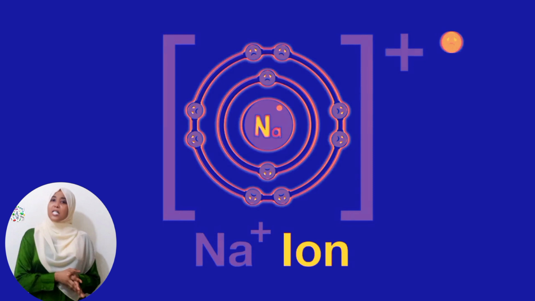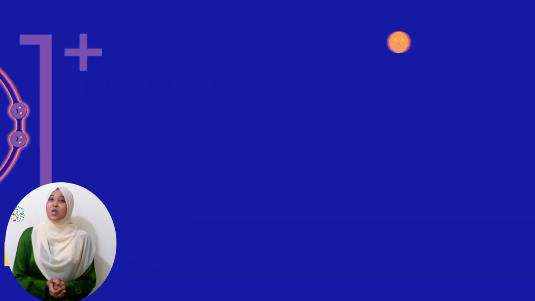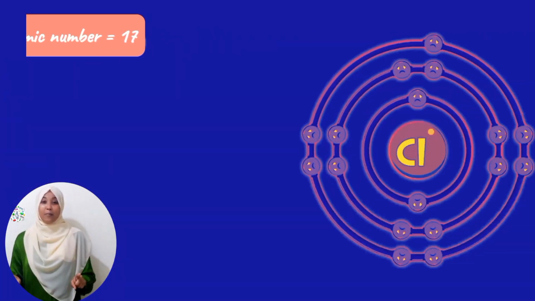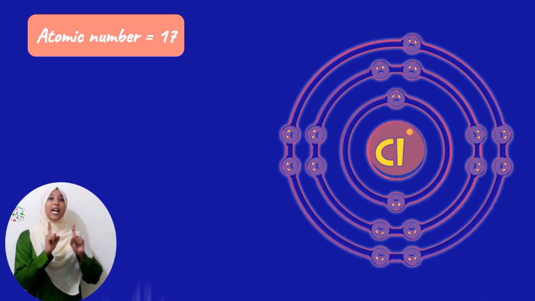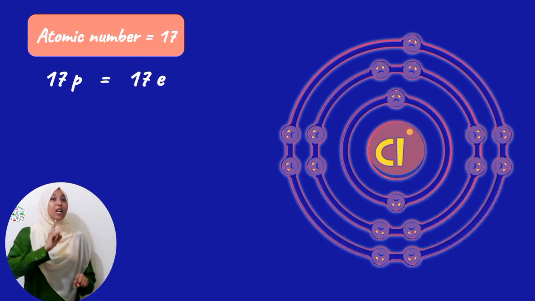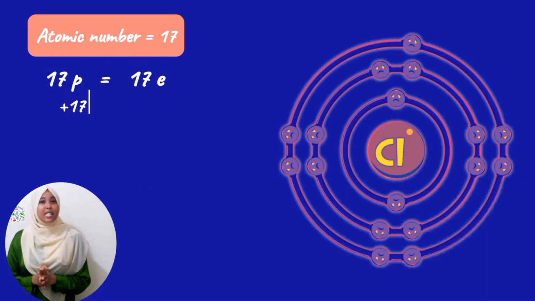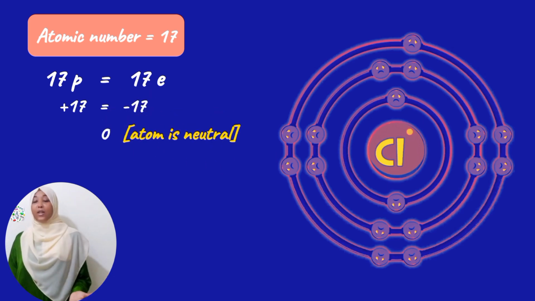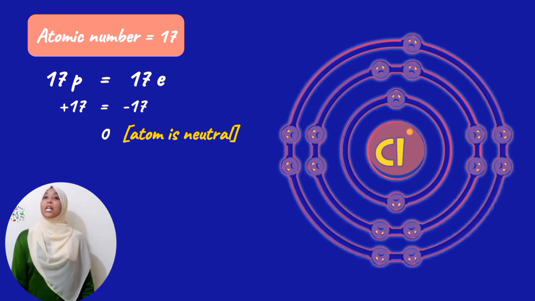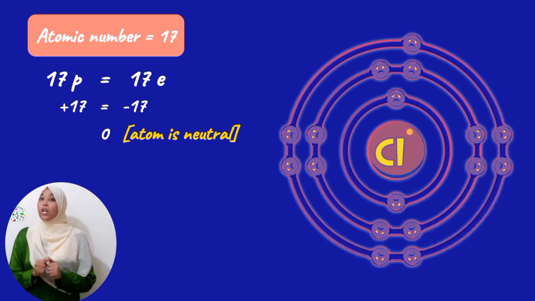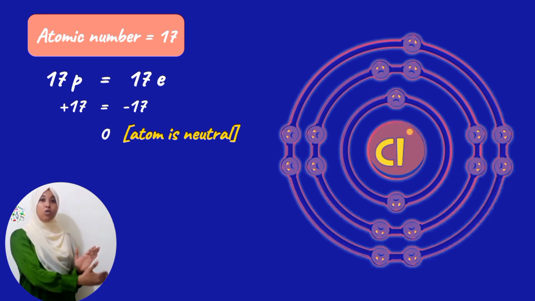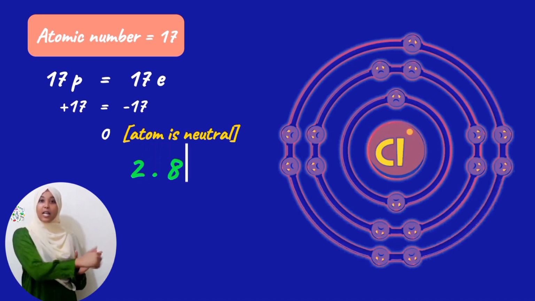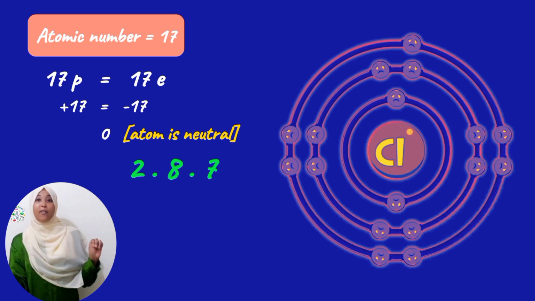Now let's move to the other side, chlorine. What is the atomic number of chlorine? 17. So 17 protons means we have 17 electrons in the chlorine atom. What is the charge of this atom? It's 0. It has no charge because 17 protons equals 17 electrons. The electronic arrangement of chlorine is 2 in the first level, 8, and then how many are we remaining with? 7.